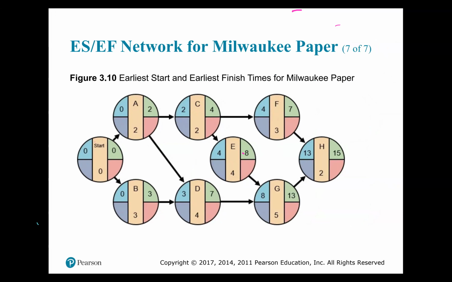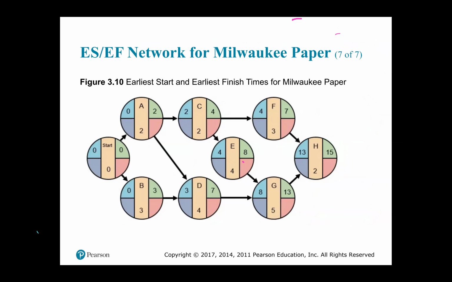For activity E, the early start time of C would form the early finish time for E. The early start time of 4 from C would also form the early finish time of 4 for F.